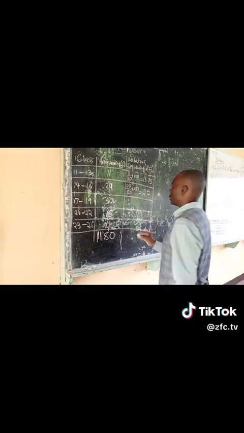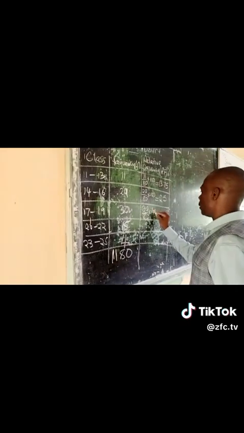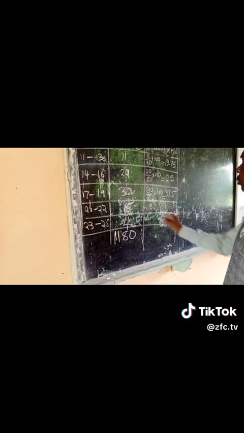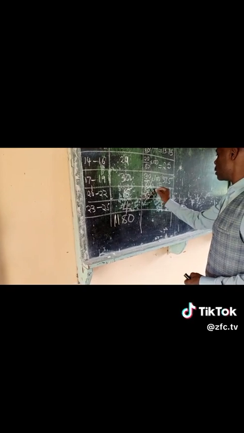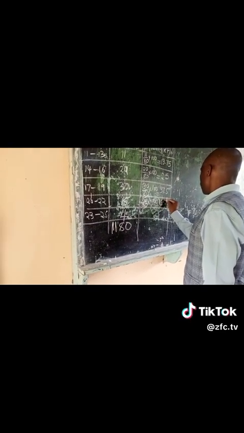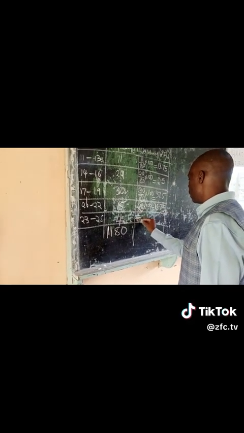Then 30 over 80 multiplied by 100 gives you 37.5. Then 15 over 80 times 100 gives you 18.75. And lastly, 4 over 80 times 100, which is 5.